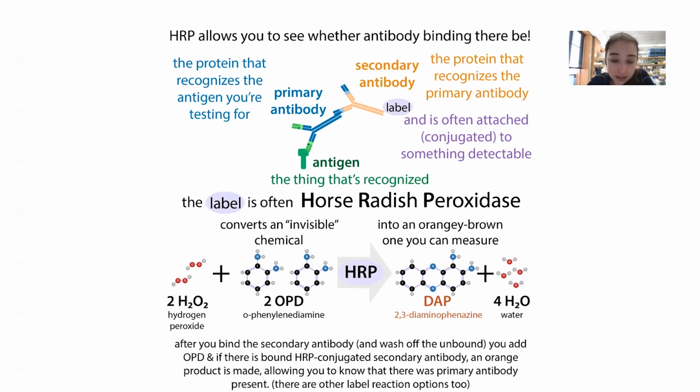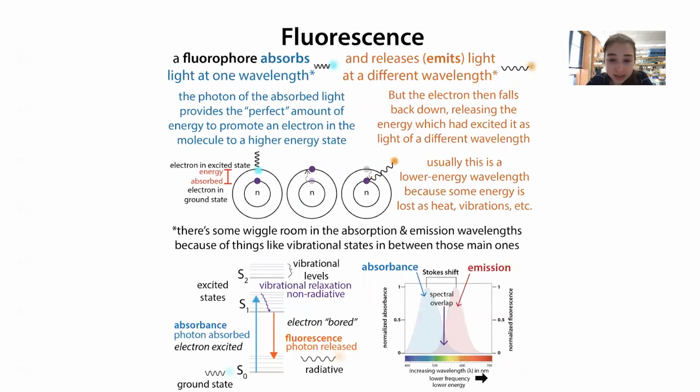And a lot of times the labels are fluorescent labels instead of one of those colorimetric label systems. Those colorimetric ones basically make a colored product that you can see with your eyes. With fluorescence, you're typically giving off some sort of light that you're measuring with a machine. The basic idea of fluorescence is that you have a molecule and it absorbs one wavelength of light, and then it emits a different wavelength.